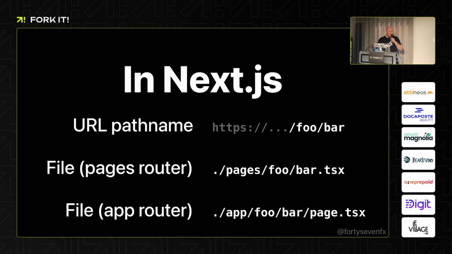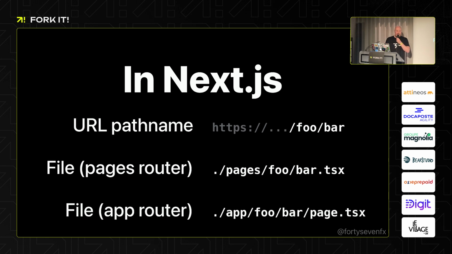And in the app router, which is the new iteration of this system, you do almost the same thing, except that the leaf file has a different name, allowing you to have other file types next to your page file. So keep in mind, pages router, app router. If you've never done Next, this will become important later. Pages router is what was before, app router is new.